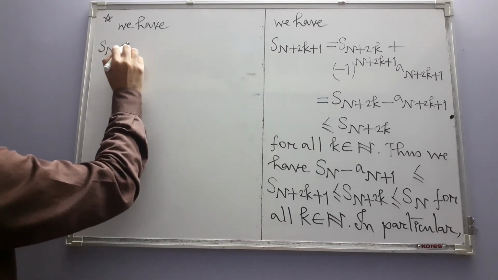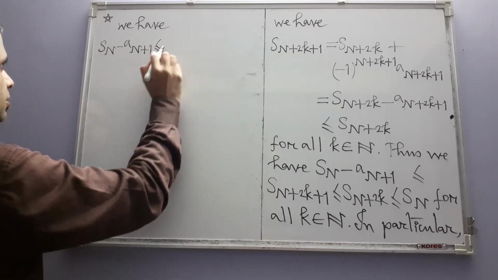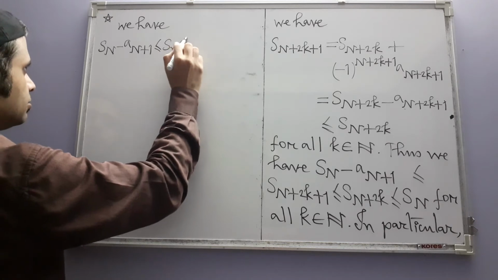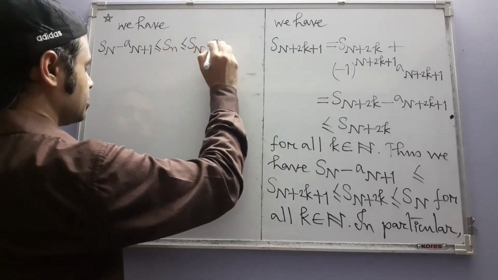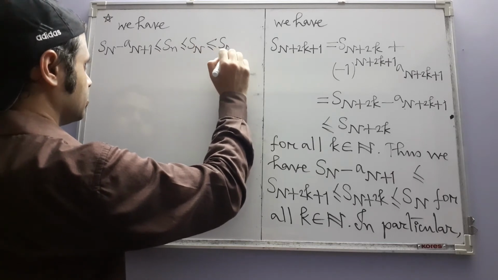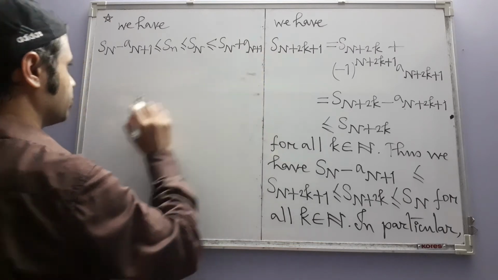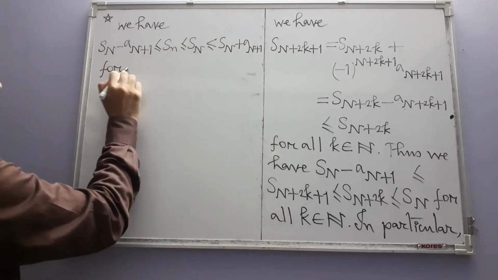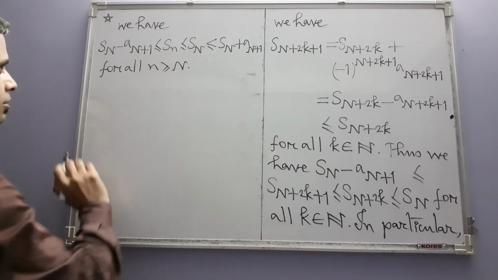S_N minus a_{N+1} of course is less than or equal to S_n, which is less than or equal to S_N, but that itself is less than or equal to S_N plus a_{N+1}, for all n greater than or equal to N.